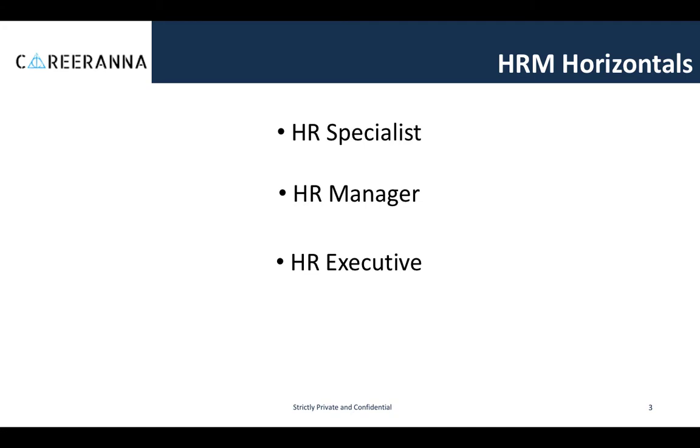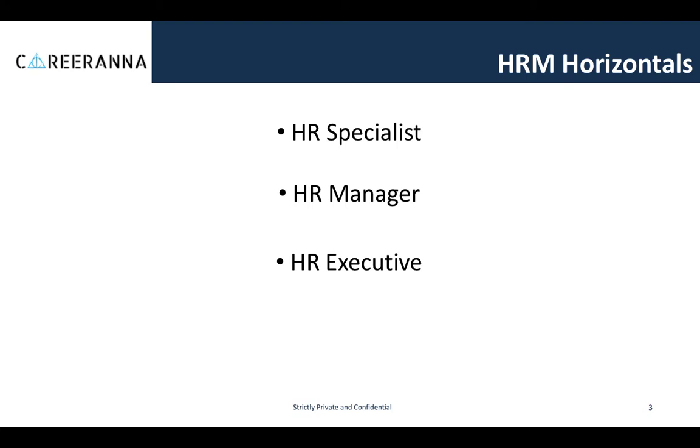In terms of horizontals, when I say horizontals, it basically means the functions which cut across the different verticals. So whether you talk about the manufacturing sector, the automotive sector, the telecom sector, FMCGs, the IT industry, or e-commerce, across all these verticals, you can find three HRM horizontals in terms of profiles.